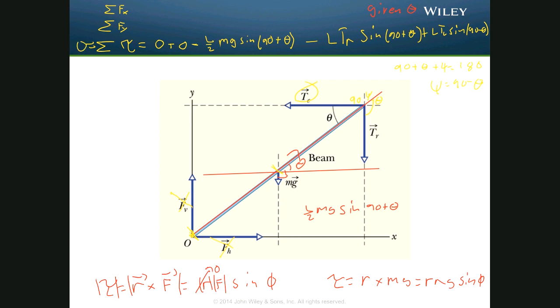And then that simplifies things considerably because, as we've seen before, the actual length of the beam isn't going to matter much. So I'll rewrite it over here. All the L's, I'll get rid of all the L's.